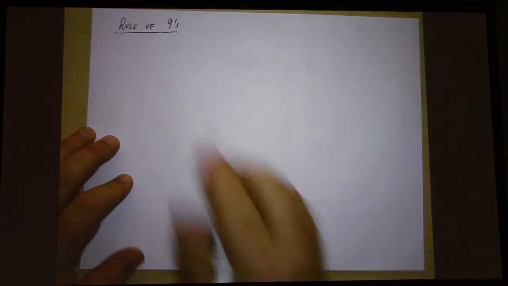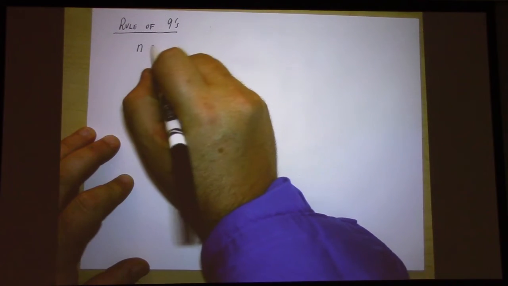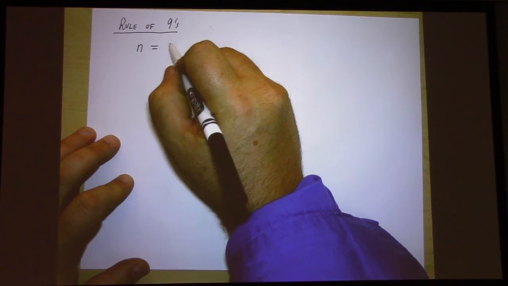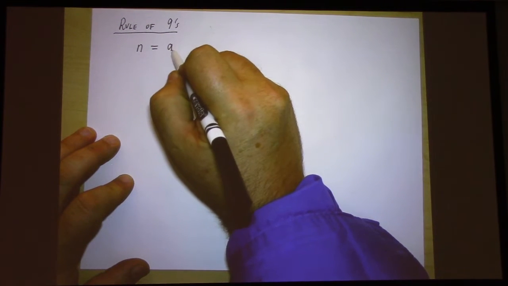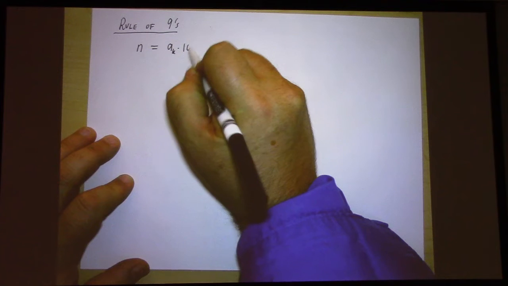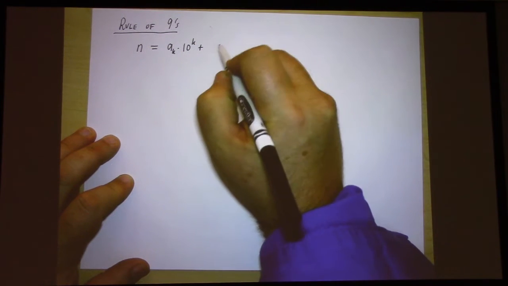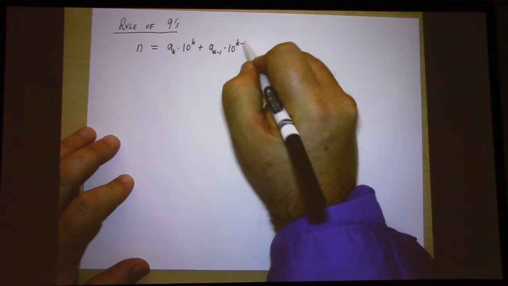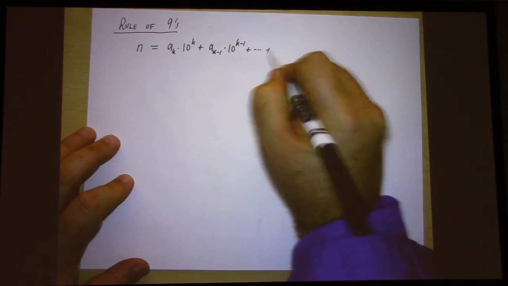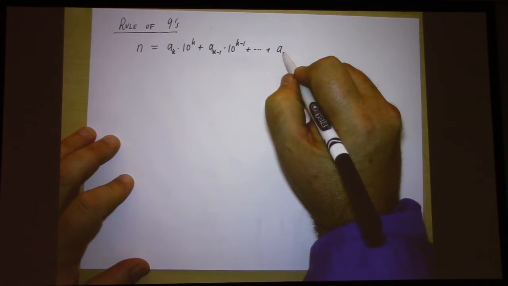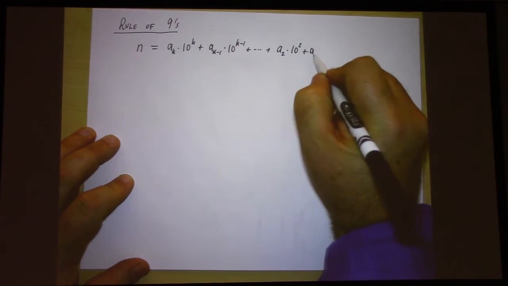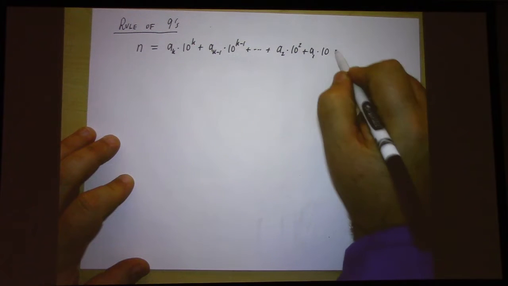So, here's the thing. If we have a number, n, and it's got the base 10 expansion of, let's say, a_k times 10 to the k plus a_{k-1} times 10 to the k minus 1 plus dot dot dot plus a_2 times 10 squared plus a_1 times 10 plus a_0.